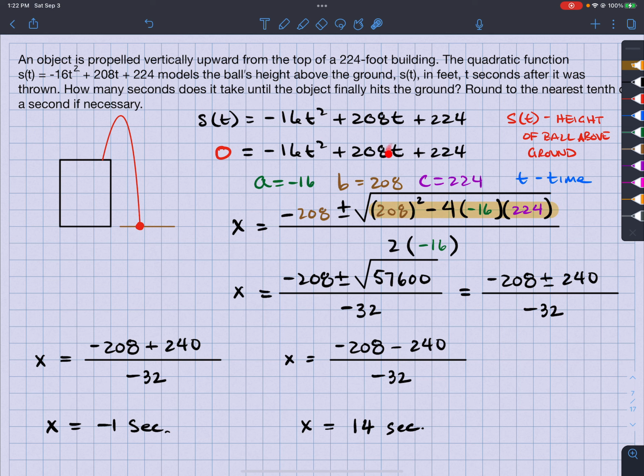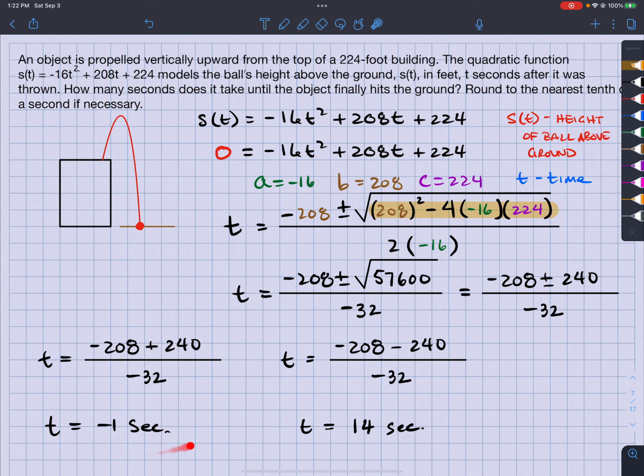So the variable here is t. What I'm looking for here is not x. So all of these x's aren't x's. These are actually t's. So even if the quadratic formula says x equals, it really means whatever variable is being used. And since in this case it is t, we use t.